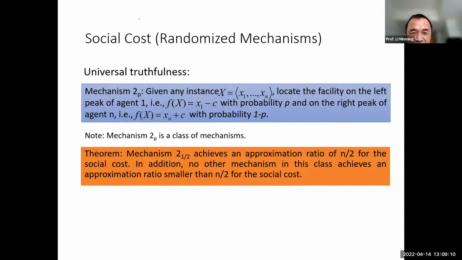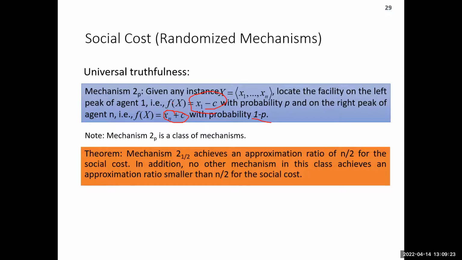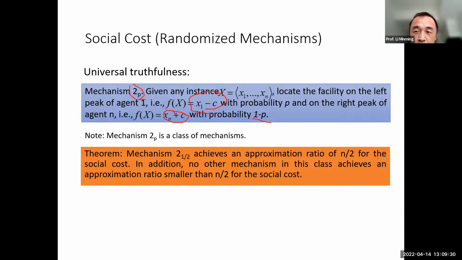I use probability p to output the leftmost left peak, and probability 1 minus p to output xn plus c, the rightmost right peak. Let's examine this mechanism, with probability p. We show that if you make p equal to half, the approximation ratio is n/2. The social cost is very bad, n/2.